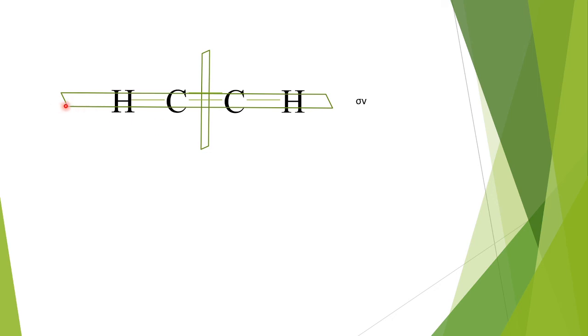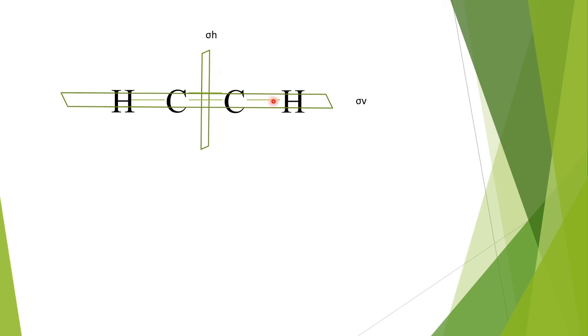So if the plane contains the principal axis, it is called the vertical plane of symmetry, and if the plane cuts the principal axis at 90 degrees, or passes perpendicular to the principal axis, then it is called the horizontal plane of symmetry, and it is represented as sigma h.